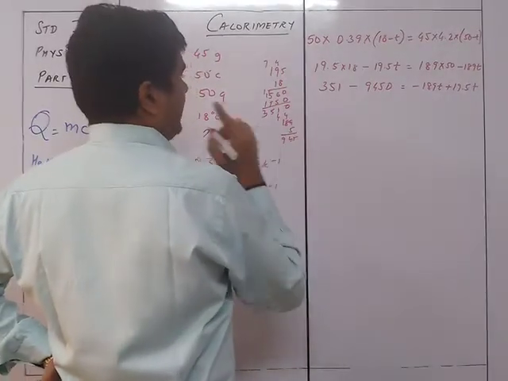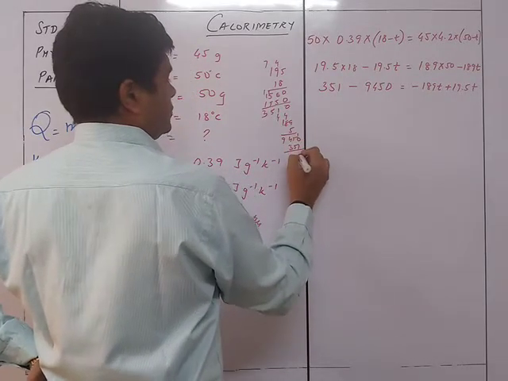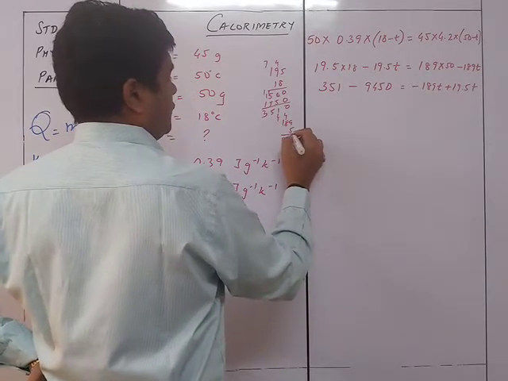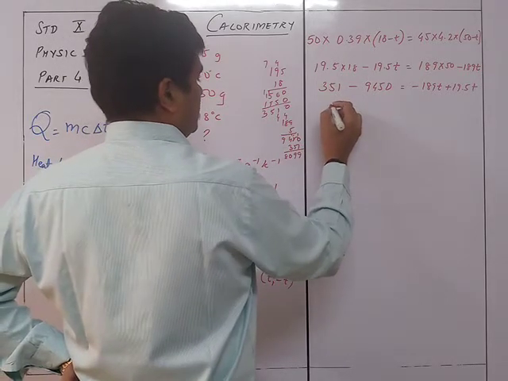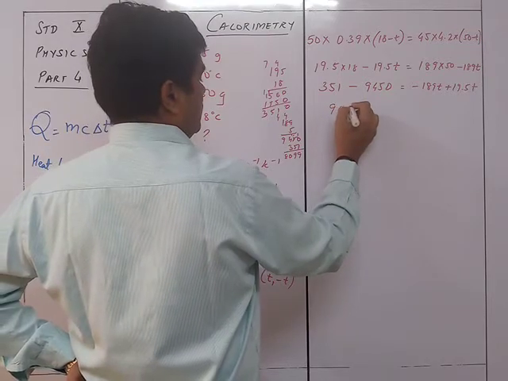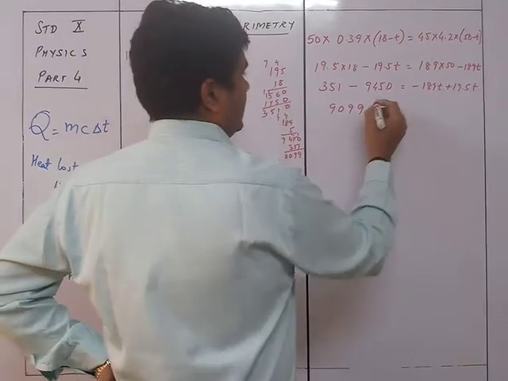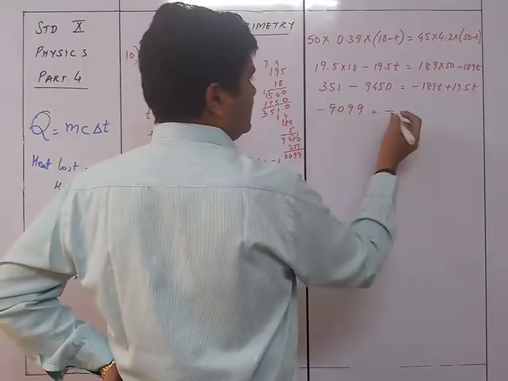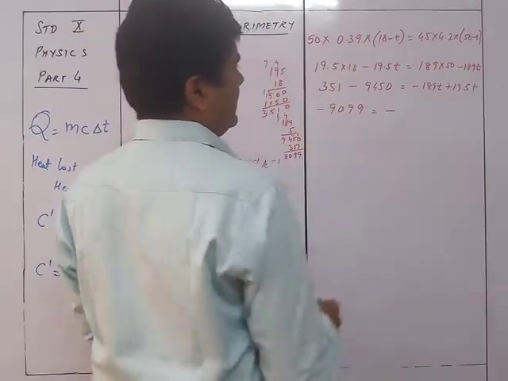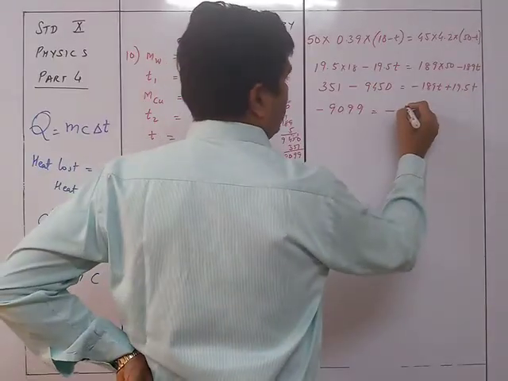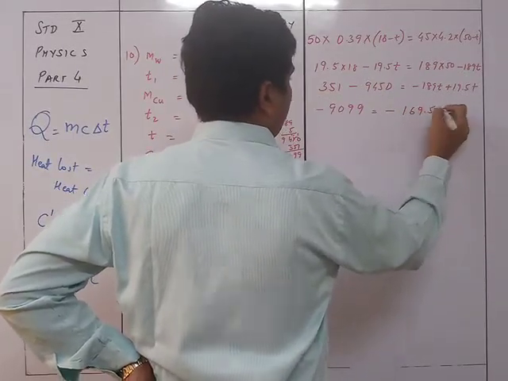So this will give you 351, so 9099 minus 9 is equal to minus, this will be 169.5t.